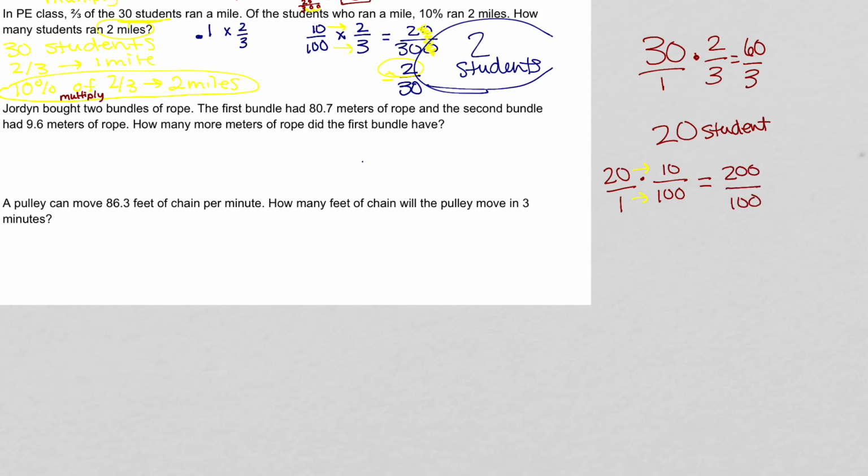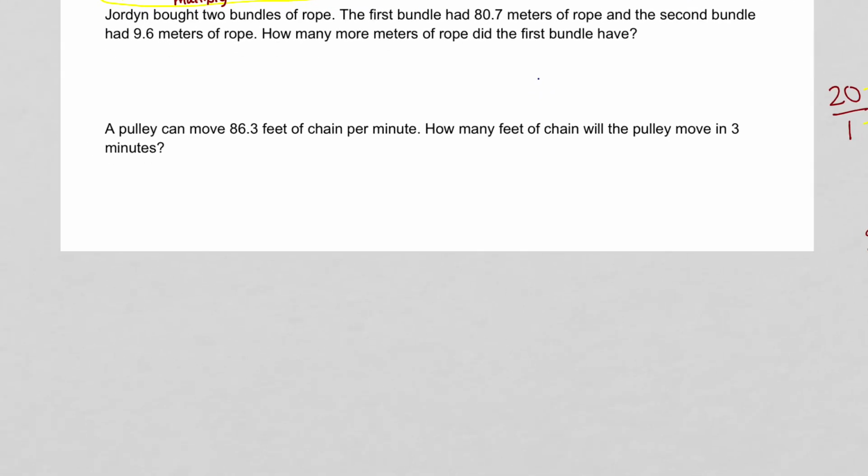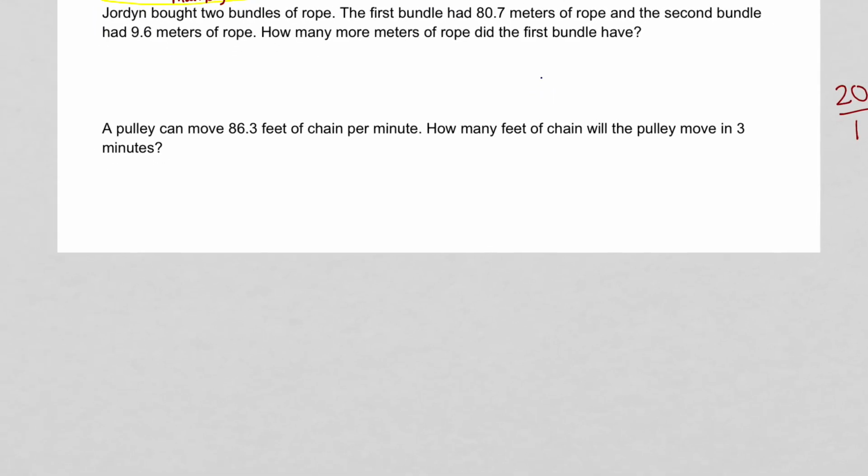And again, if I divided by 10 and by 10 again, I would still end up with 2 divided by 1, which is, of course, verifying that it was 2 students. So those are 2 different ways to think about it, but both logically will give you the same answer. All right, this is getting messy, but let's just hide that part.